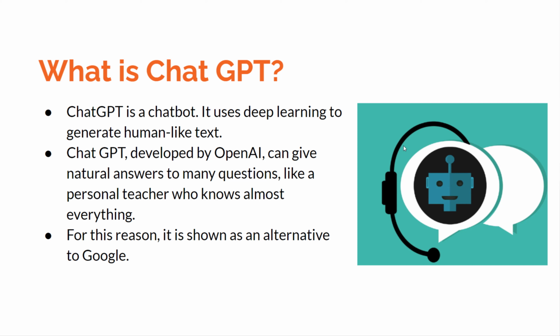So think of ChatGPT as your personal assistant, and this personal assistant knows everything. If you want this assistant to write a resume for you, it'll do it. If you want it to write an article for you, it'll do it. Write an ebook for you, it'll do it. Everything can be done with ChatGPT.